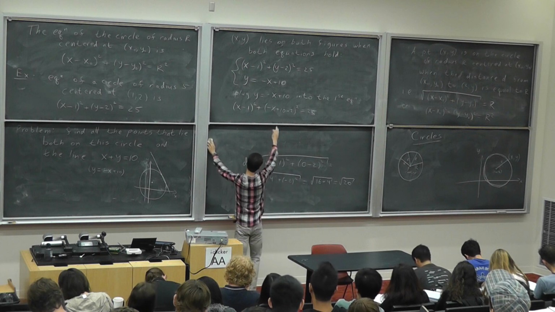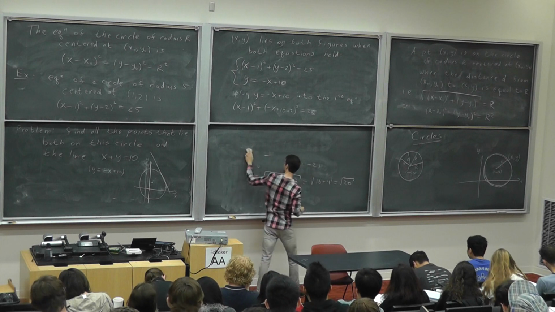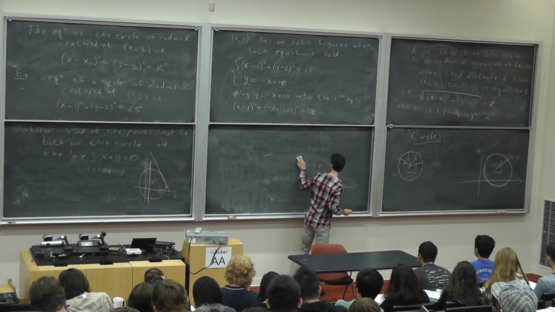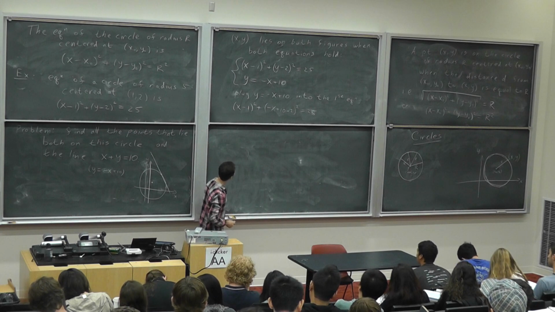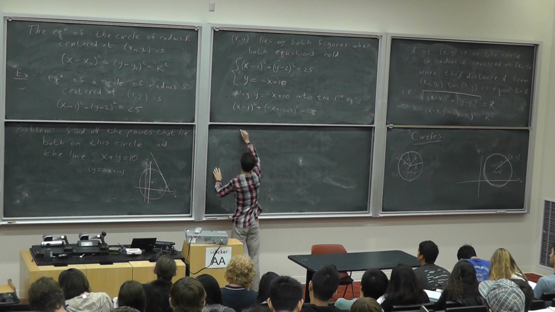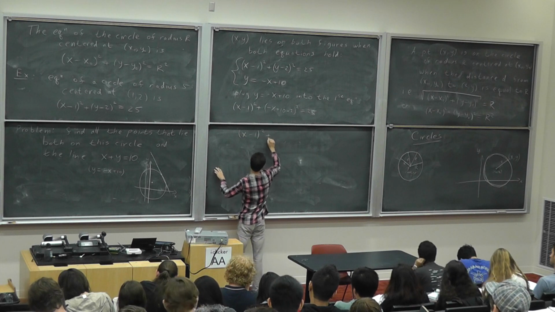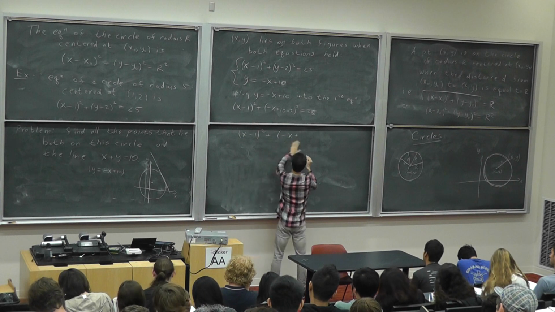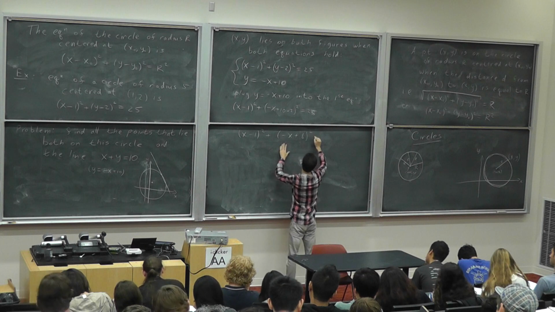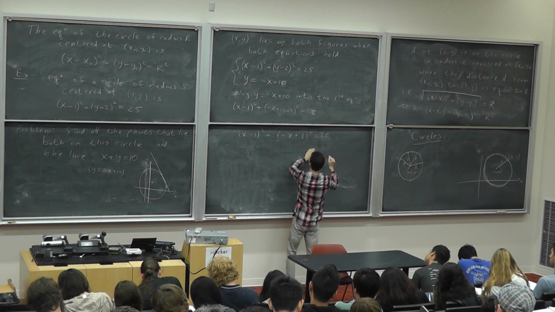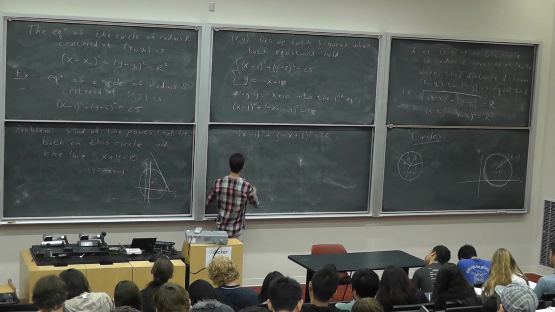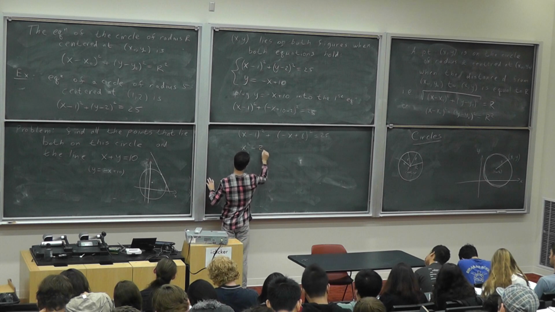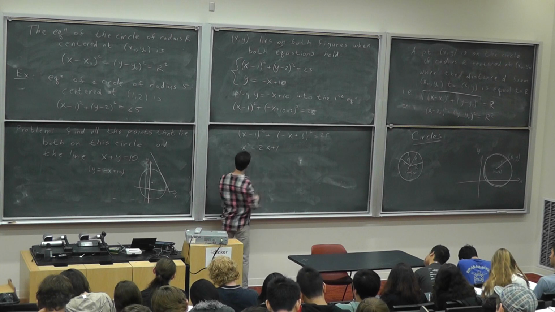Now, what kind of equation is this one? Well, I'll simplify it as much as I can. First of all, I'll rewrite this as x minus 1 squared plus minus x plus 8 squared is 25. Then I'll open the brackets. So x squared minus 2x plus 1.